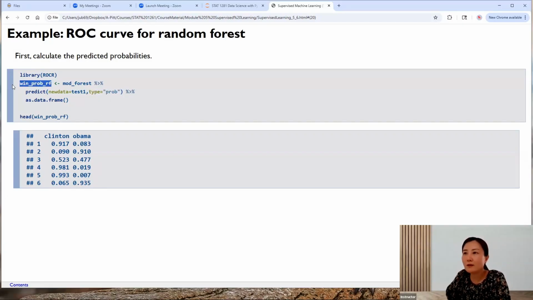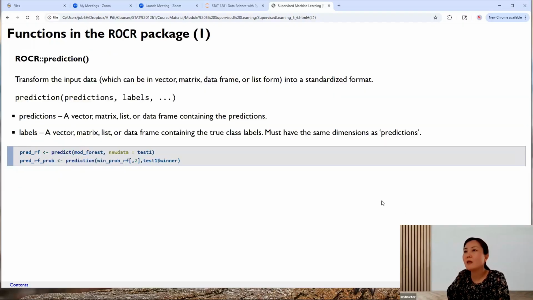We save the result here as a data frame. You see two columns. One is the winning probability for Clinton, and the other column is the winning probability for Obama. Of course, the sum of them is equal to 1. We call it win prob RF. And then there is a function in ROCR called the prediction function.